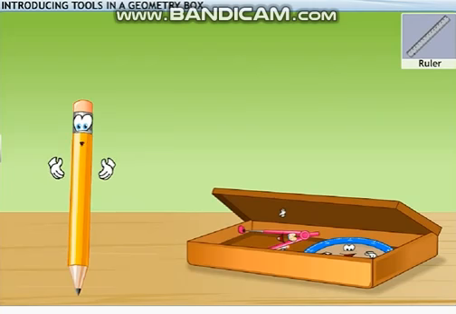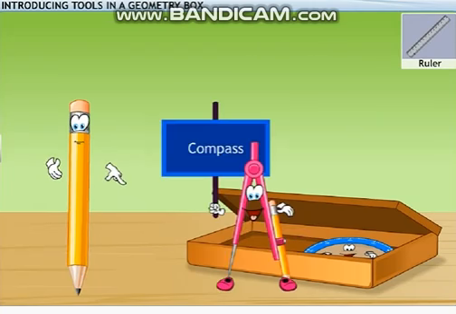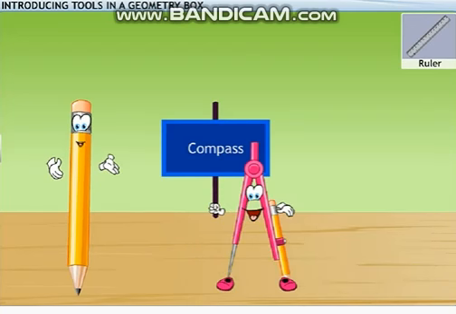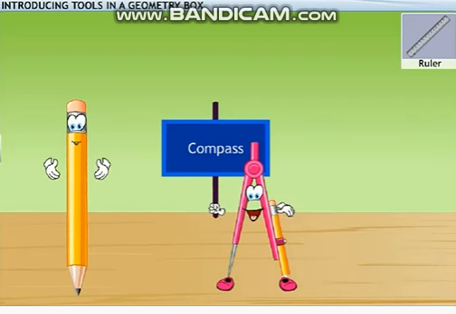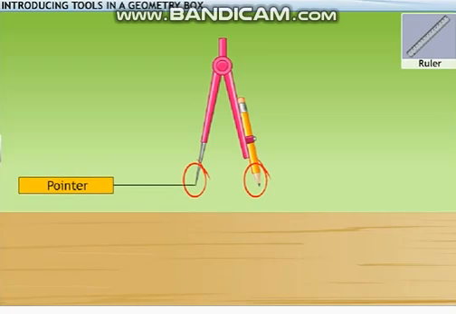Next, another important tool in your geometry box is the compass. It is also called a pair of compasses. It has 2 ends. One end holds a pointer, while the other end holds a pencil.